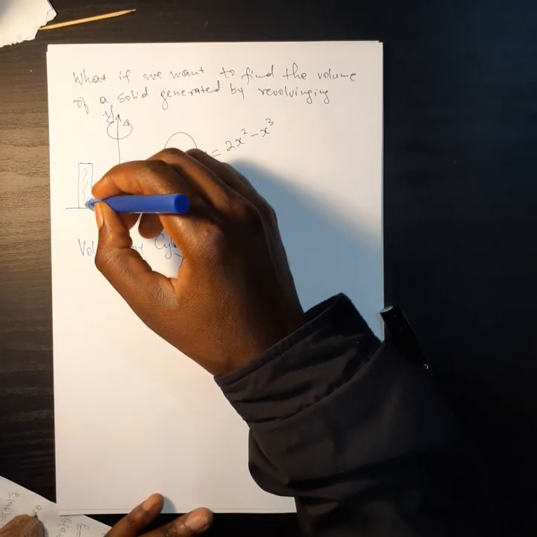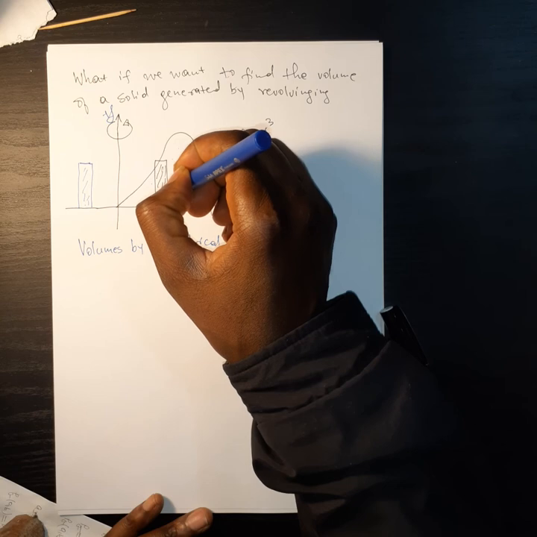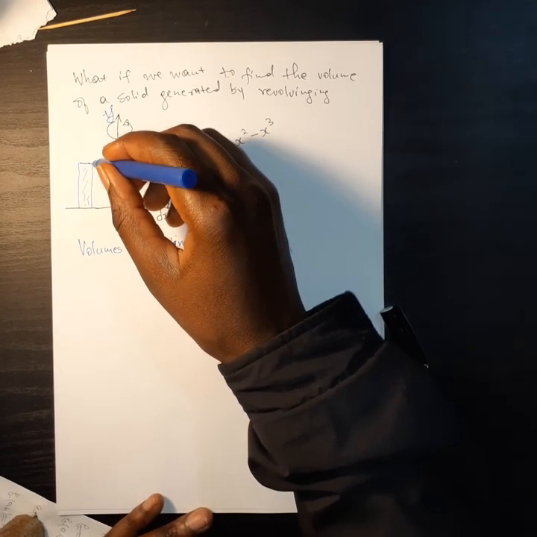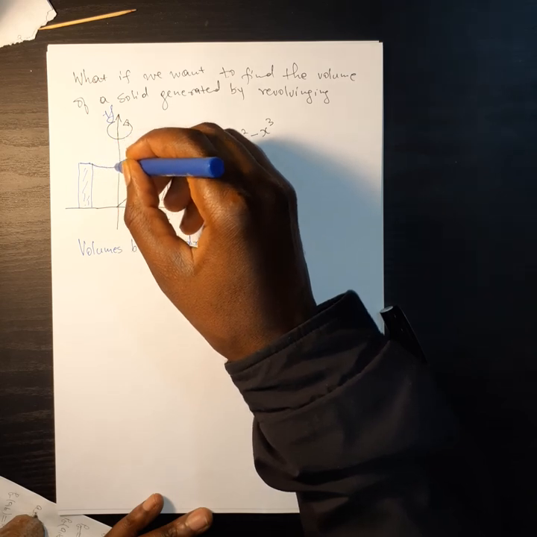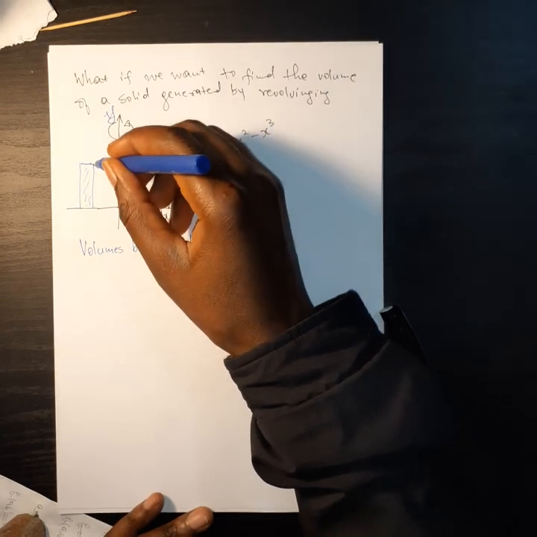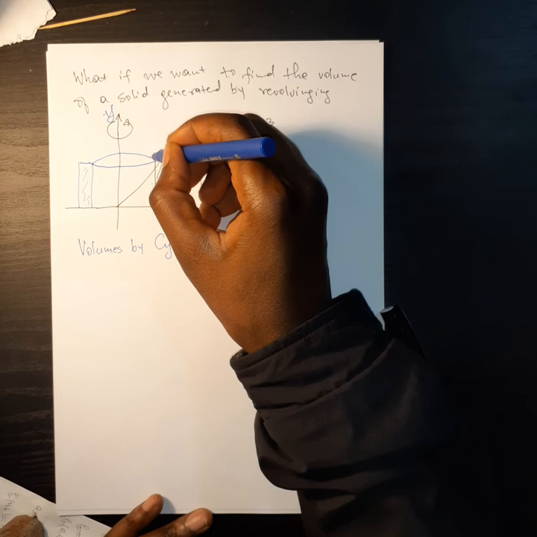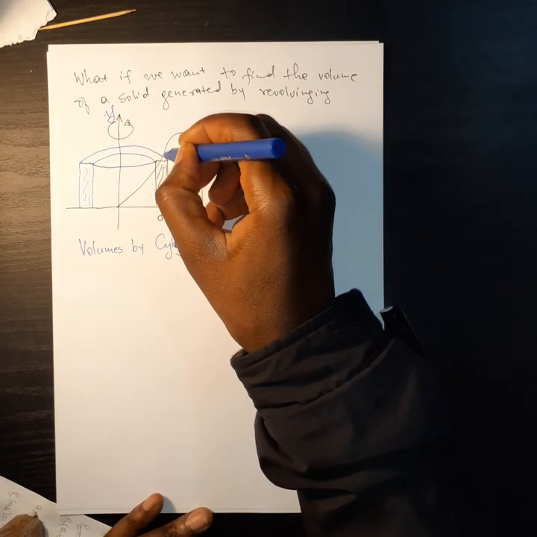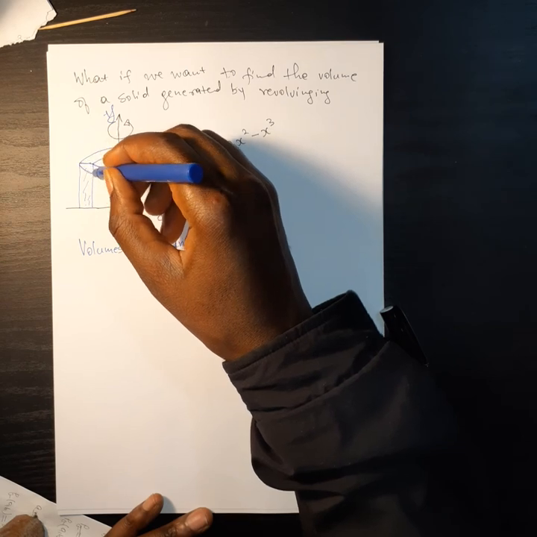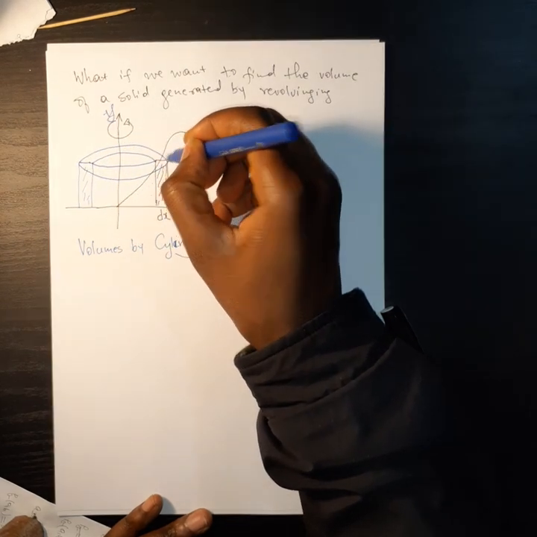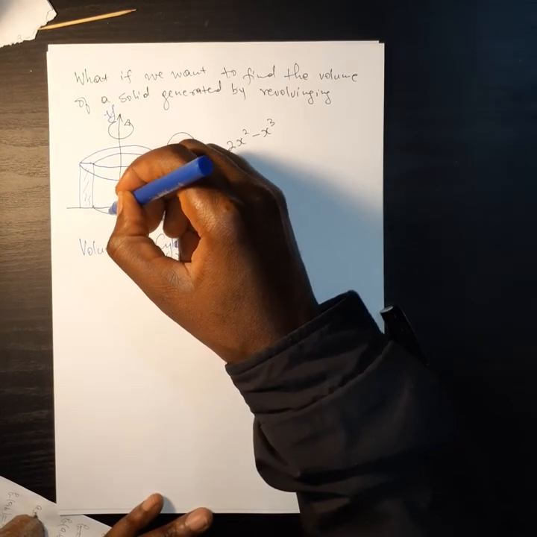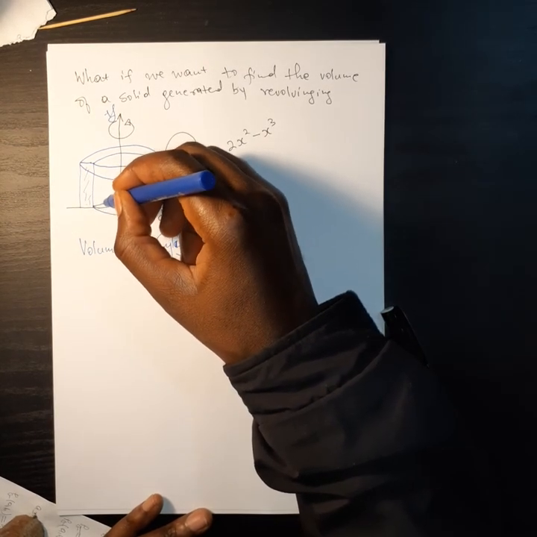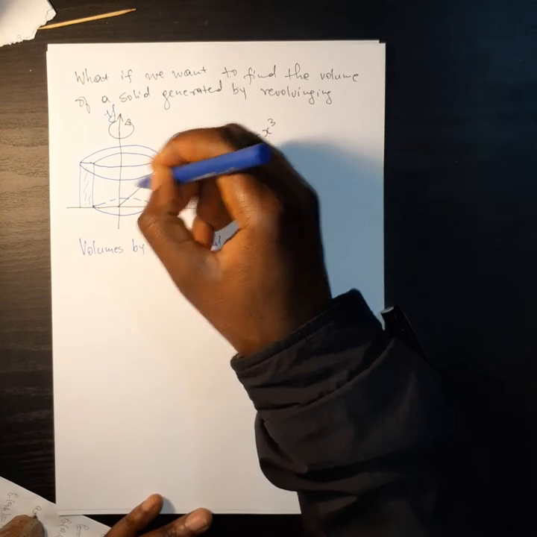Now, if we concentrate only on our rectangular strip, we will observe that when it is on this side, then we will have formed something like this, an object which looks much like this.